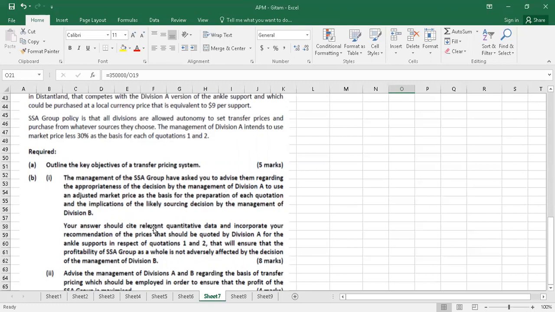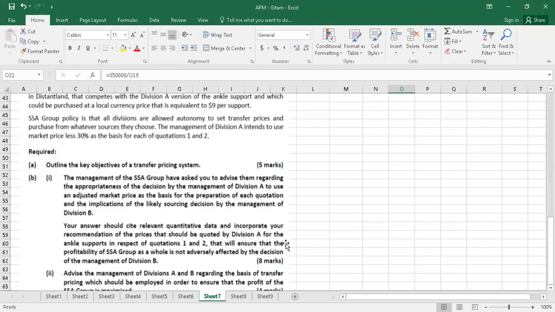We are also asked to provide relevant quantitative data and incorporate your recommendation of the price that should be quoted by division A for the ankle supports in respect of quotation 1 and quotation 2, that will ensure that the profitability of SSA group as a whole is not adversely affected by the decision.